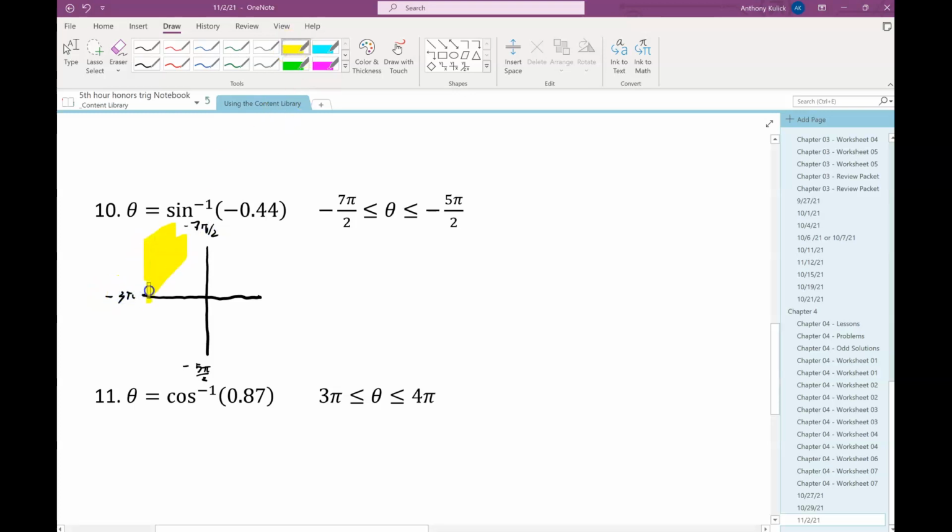So we're talking about quadrants 2 and 3. So far, so good? Okay. Then using all silly turtles crawl, I can see that sine is going to be negative in quadrant 3.